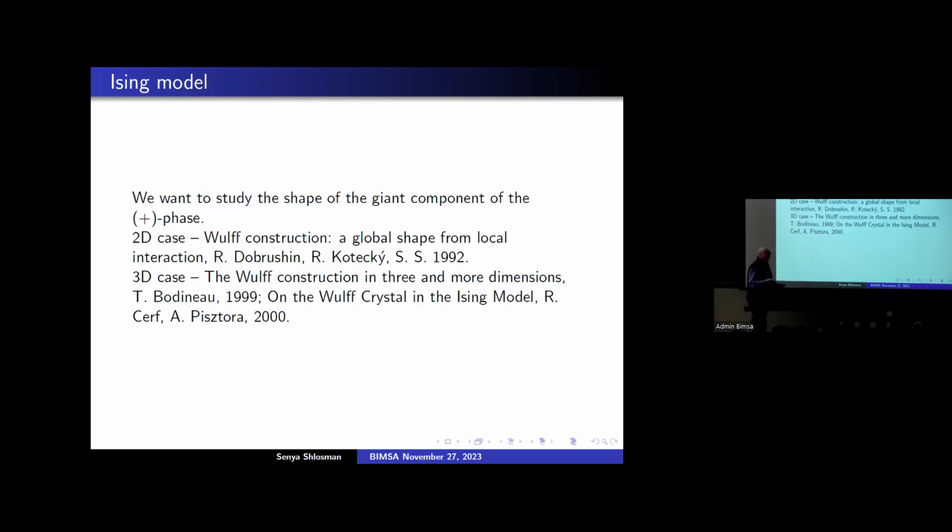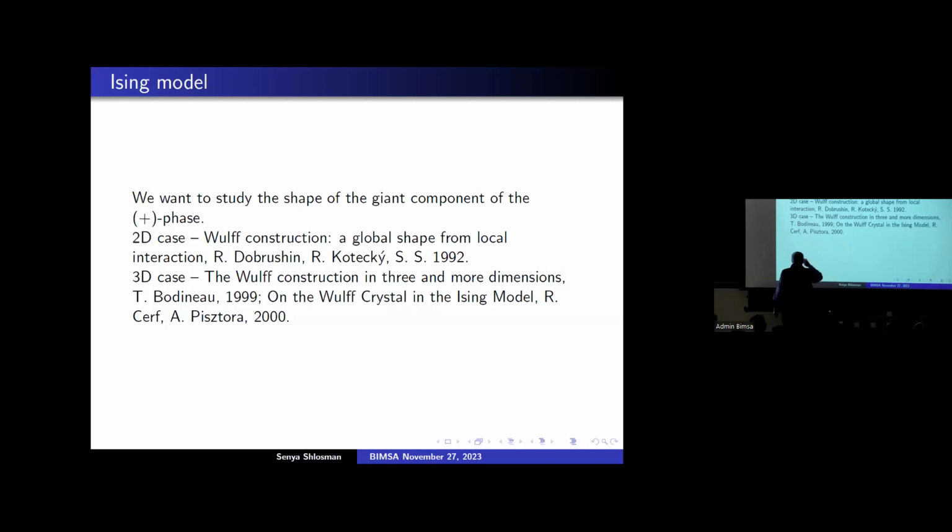And we want to say something about how that droplet behaves. It turns out that it has an asymptotic shape. It looks like some deterministic shape, which is obtained as a solution to some variational problem, which I will tell you a little bit later.